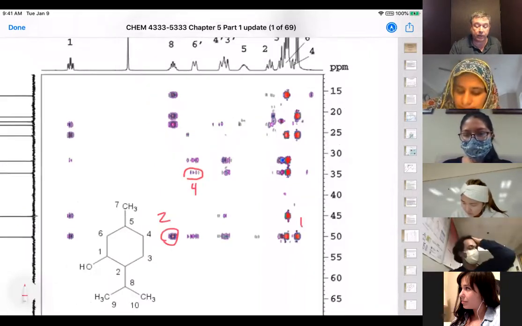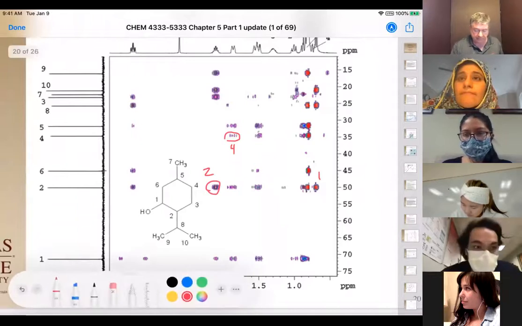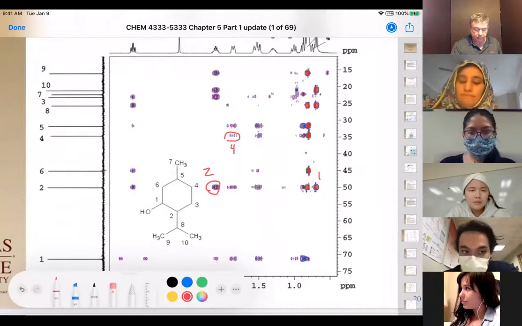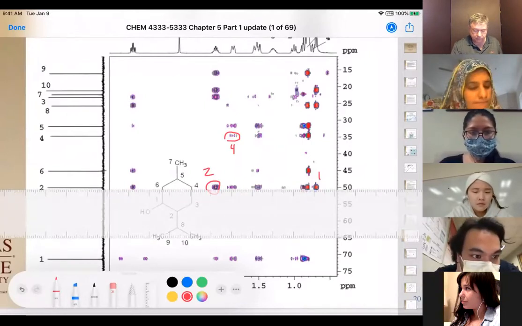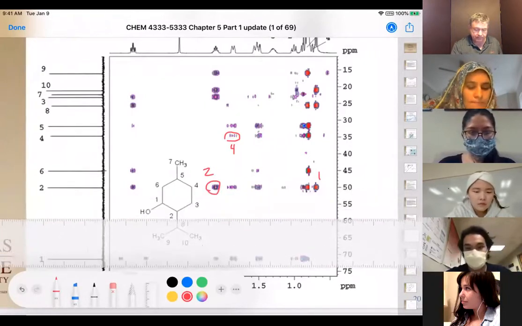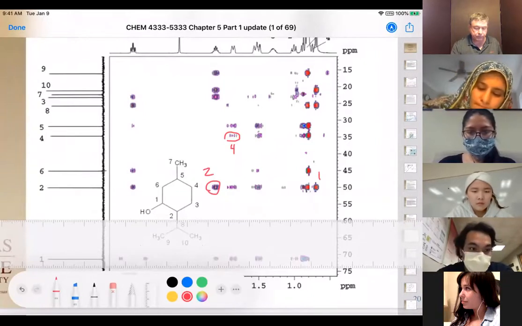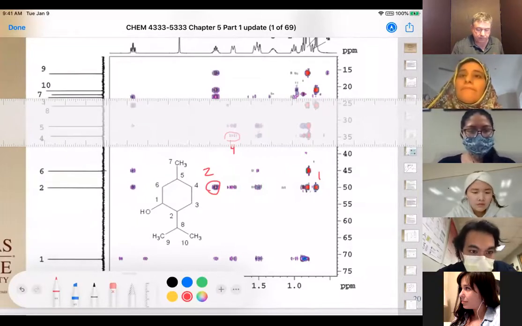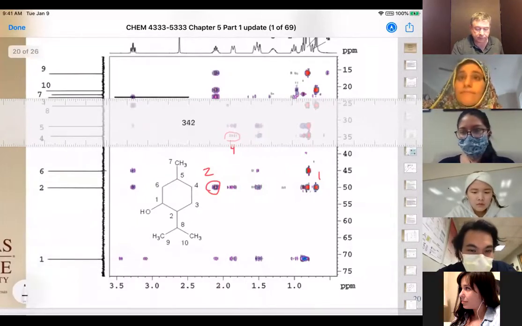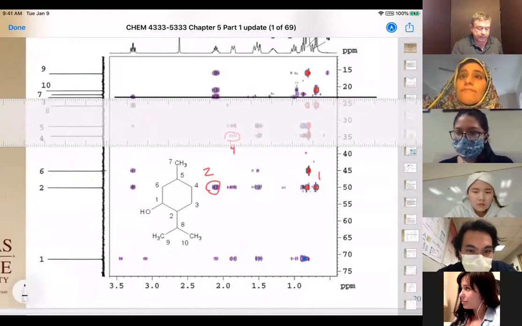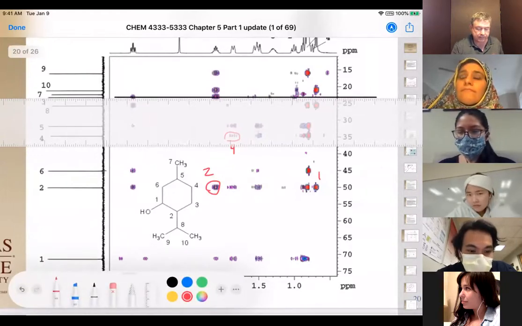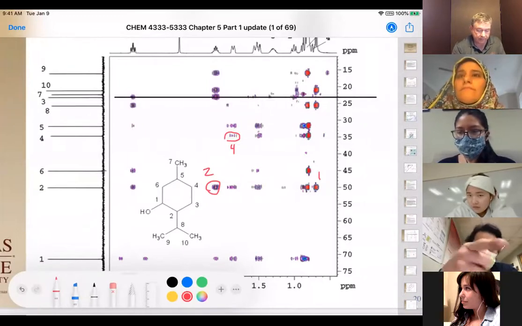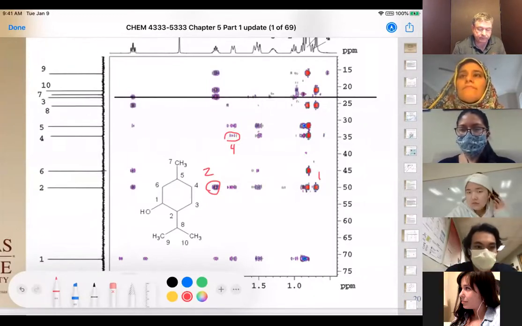So let's just take one example of this and let's do carbon number 3 here, because carbon number 3 has connections to 1 proton plus 2 protons. So let's do carbon number 3 here, and we're just going to draw a line there. And let's see what's closest attached to that. So carbon number 3 is associated with this.